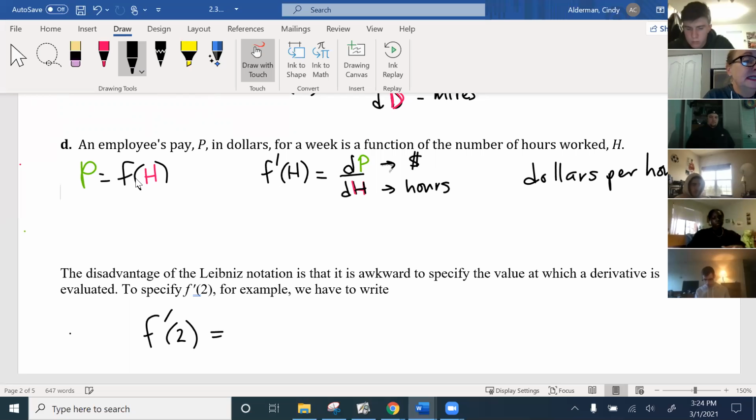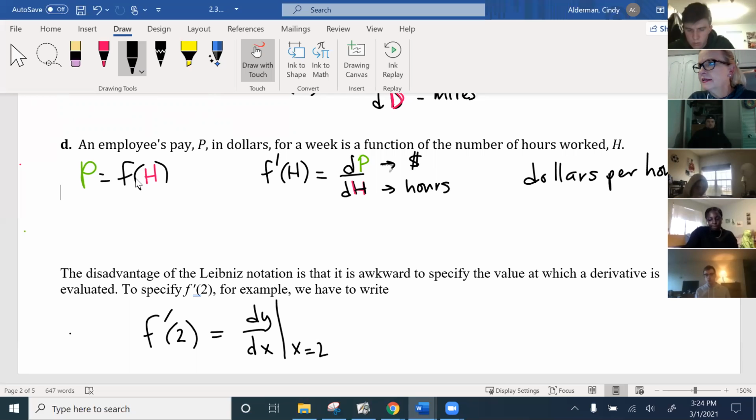Well, with Leibniz, you would have to write dy over dx, and then this little line means such that x is equal to 2. So it's a lot more writing. But it does have its advantages because it does help you with units of measure. So you won't always have to use Leibniz. You just know it, and it'll help you answer some questions.